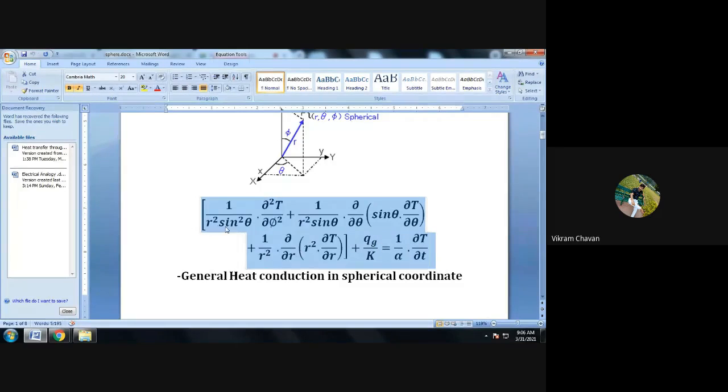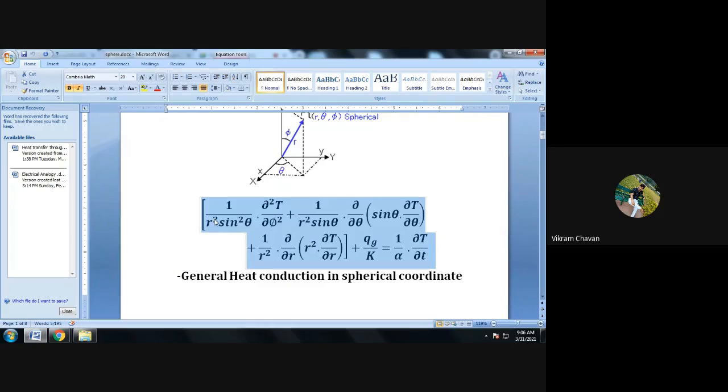This equation you have to remember: 1 upon r square sine square theta multiplied by the double derivative of temperature with respect to phi, plus 1 upon r square sine theta multiplied by the differential with respect to theta of [sine theta multiplied by the differential of temperature with respect to theta], plus 1 upon r square multiplied by the differential with respect to r of [r square multiplied by the differential of T with respect to r], plus qg divided by k is equal to 1 upon alpha multiplied by ∂T divided by ∂t.